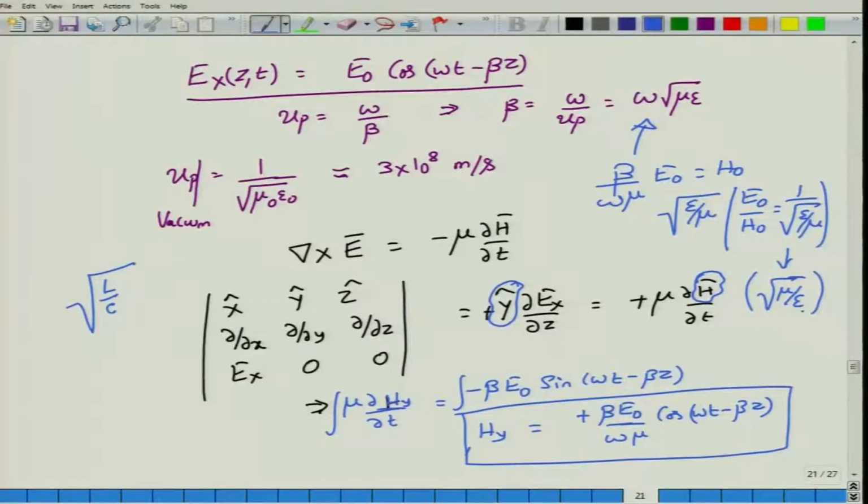The characteristic impedance of a transmission line was the ratio of a positive travelling voltage to the positive travelling current. In this case, the characteristic impedance is the ratio of the electric field amplitude to the magnetic field amplitude, and the electric field will be along the x direction, magnetic field is along the y direction. So, that is the key difference that you have to see between the two. I will leave this as an exercise to you, okay, or you can try.